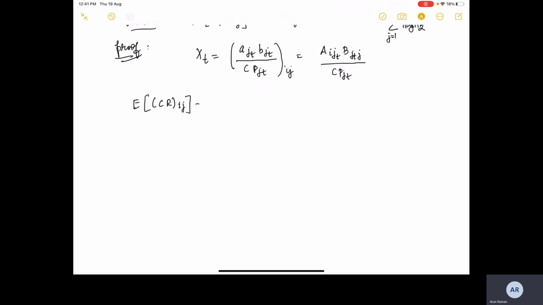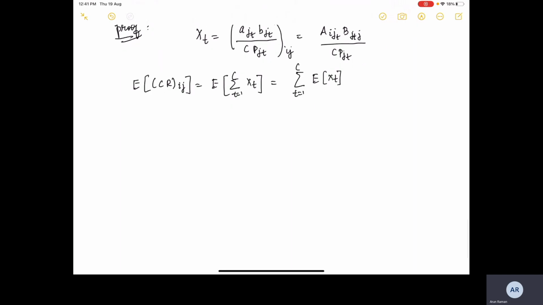So what we have is the following. This might be very boring to some of you, because the algebra is quite simple. In this step we have used linearity of expectation.